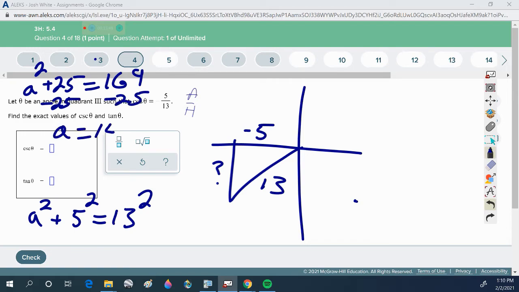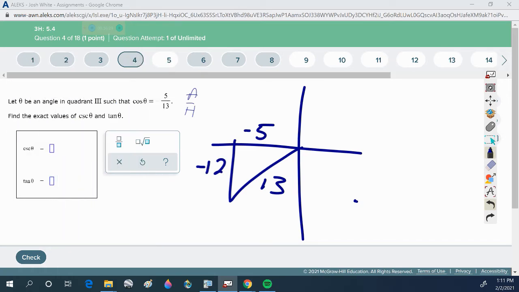A squared is 144. Square root, and a is not 12. Negative 12. Right? Technically, we should write plus or minus. But in this case, it has to be minus because we're in quadrant 3 and the y value is negative. So we write a negative 12 here.